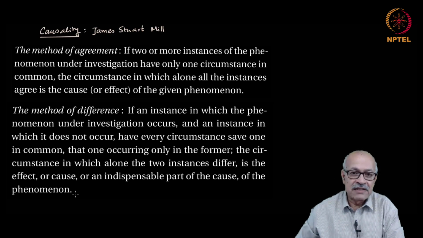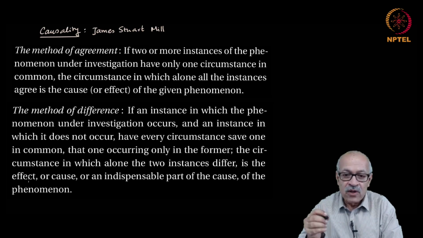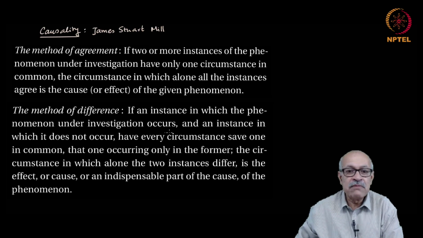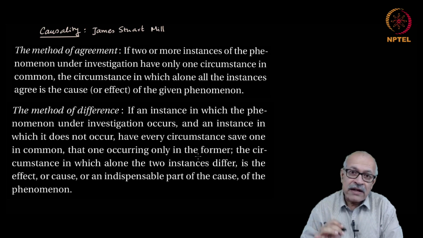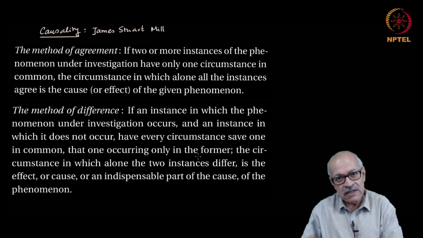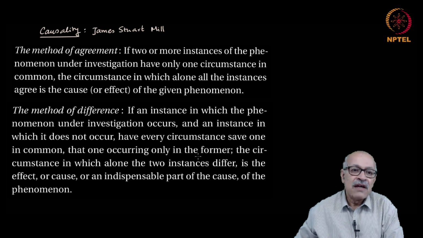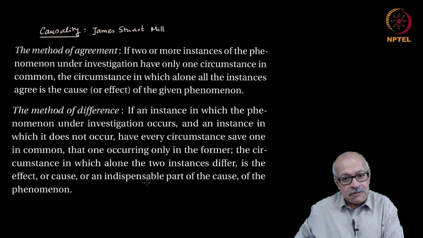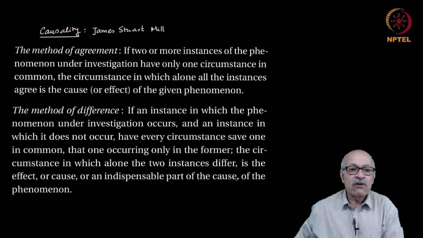Then he says that factor can be said to be a causative factor. Notice the way he frames the statement. He says that the factor we have identified, present in one situation and absent in the other, the difference, is the cause. It can be the indispensable part of the cause, a factor in the cause, and it can also be the effect.